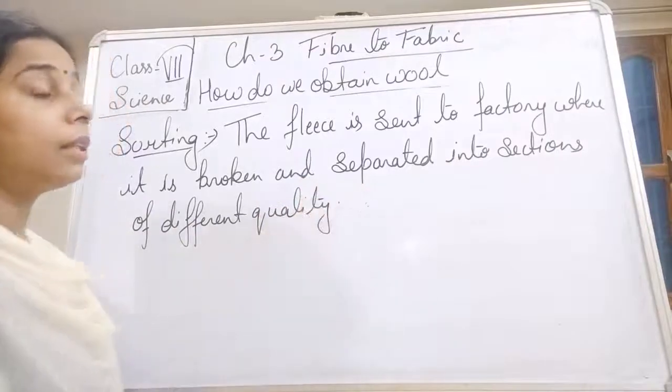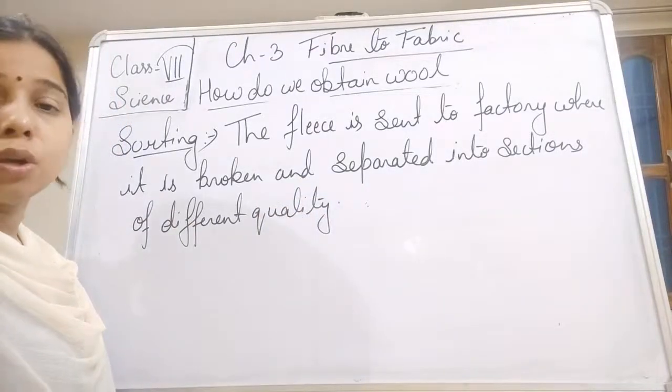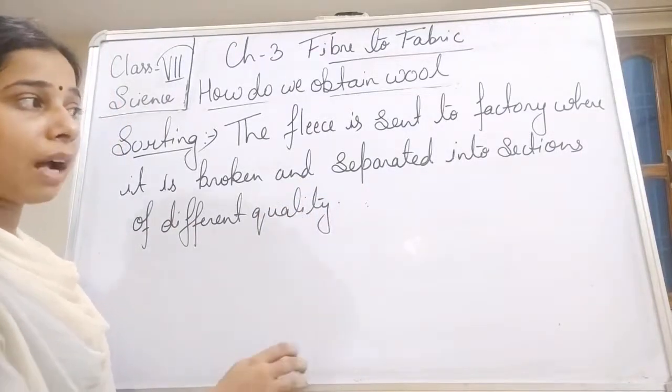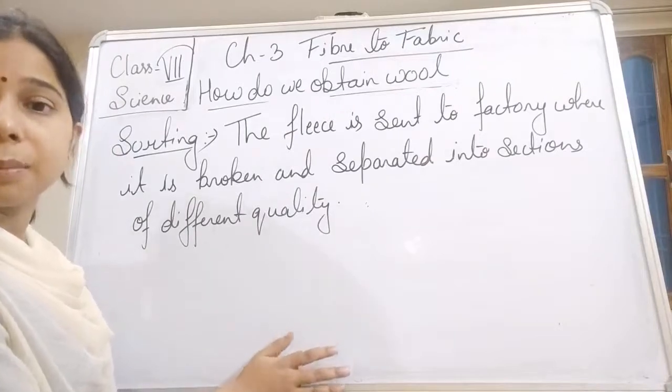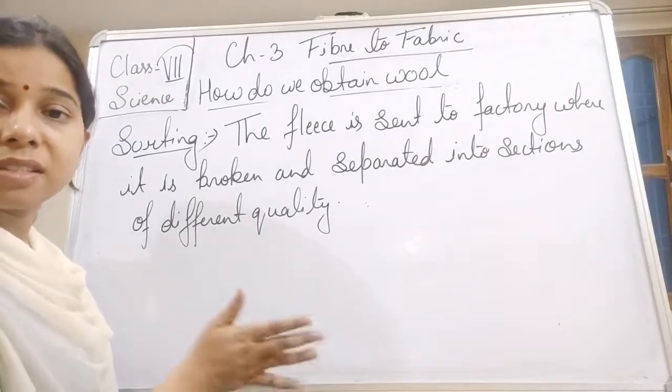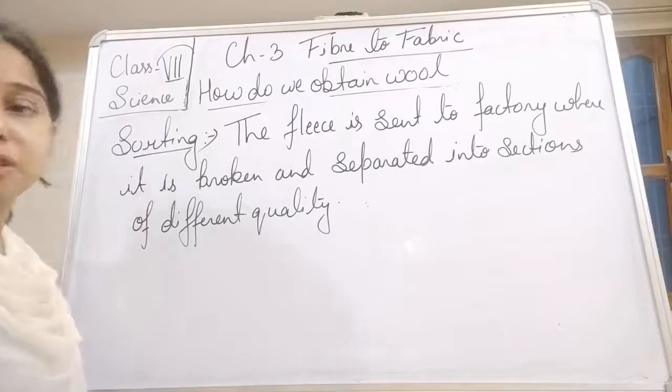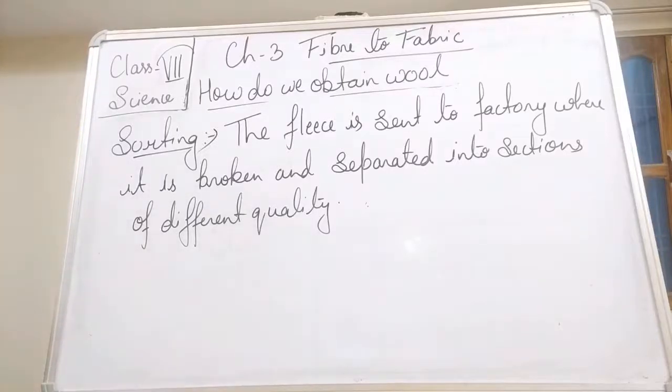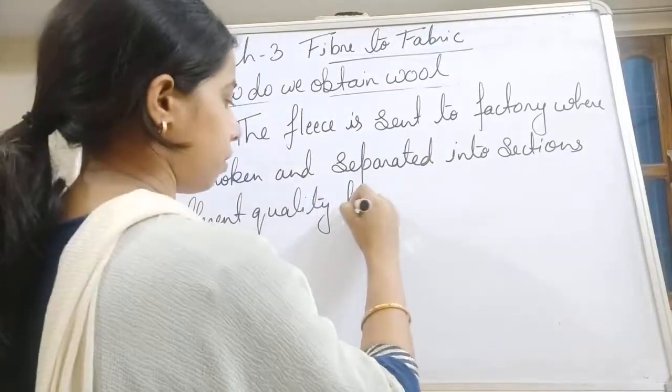So we know that they are differing from each other. So they are sent to factories where they are separated into different sections, that is into the different quality fibers.